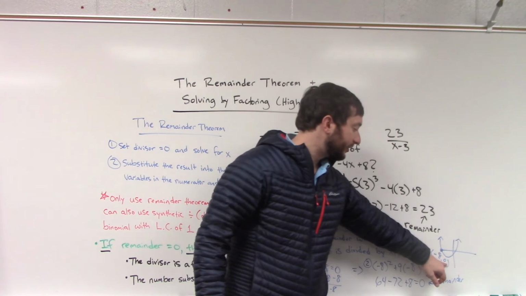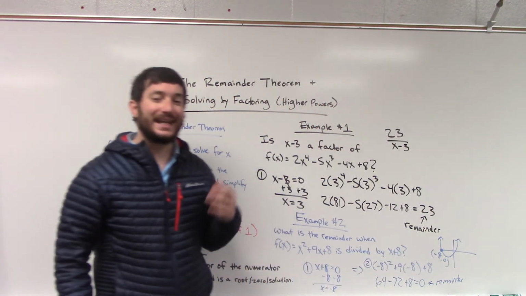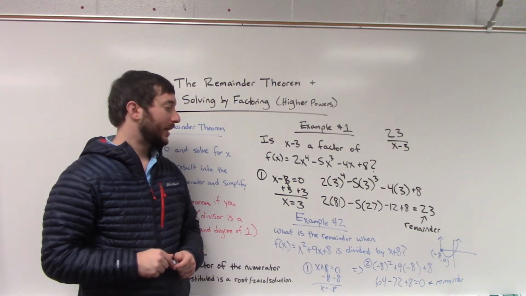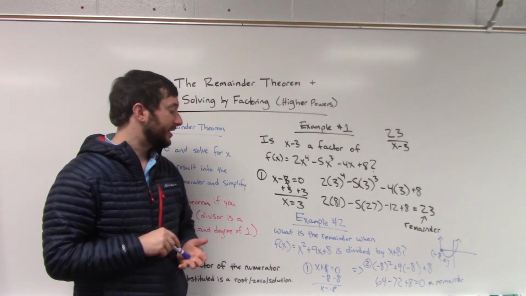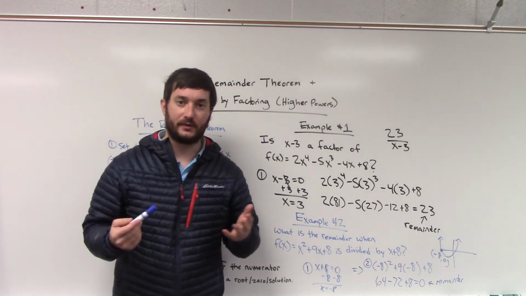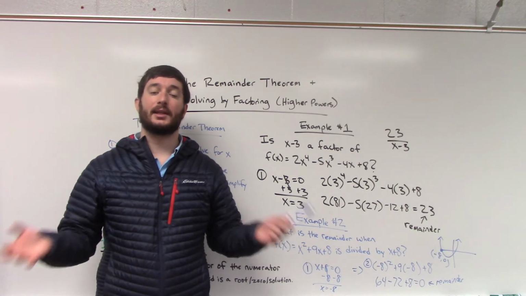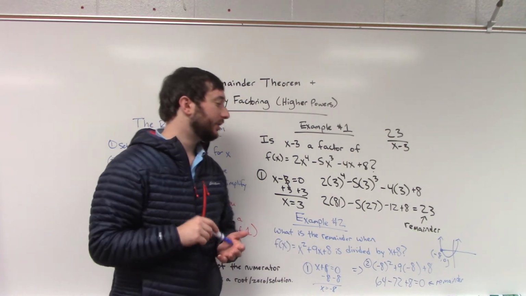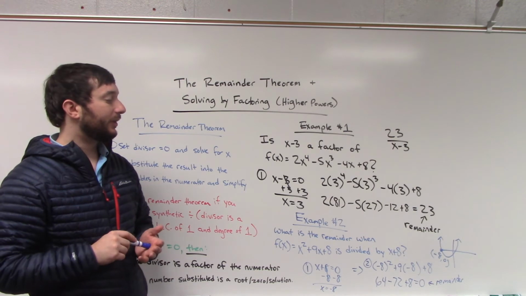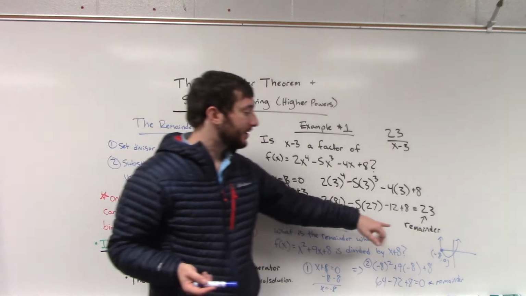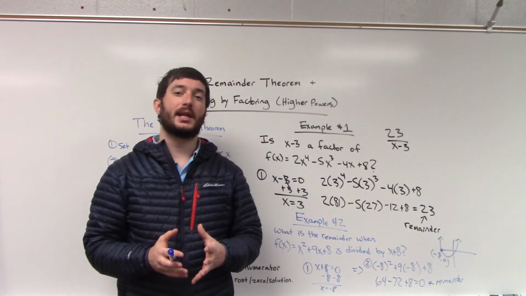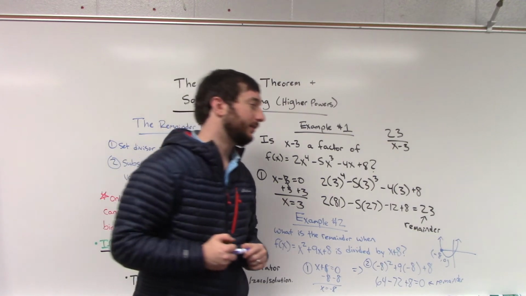The result is 0 when you plug in negative 8. The way that you would find that is by setting your divisor equal to 0 and solving. That is the remainder theorem. That helps you answer a lot of different questions and tie in things like factoring, division, the remainder theorem, finding remainders, graphs. All of these things start to come together in this unit like we have just seen.